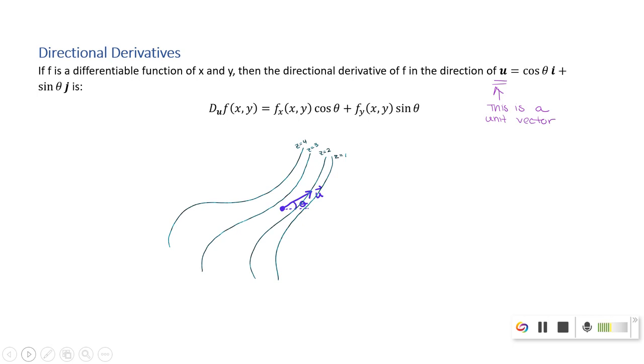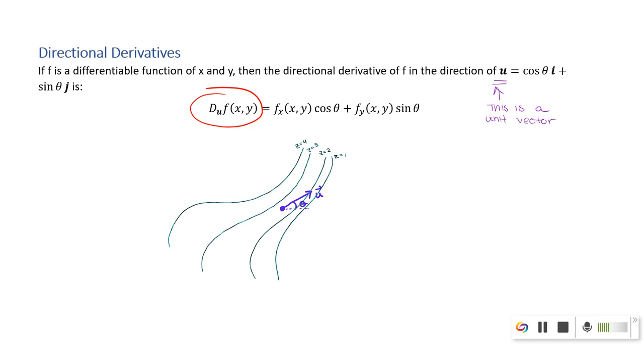So how do we find a directional derivative? Well, I have the definition written on the screen. First of all, we're going to use this notation big D u for directional derivative in the direction of vector u.